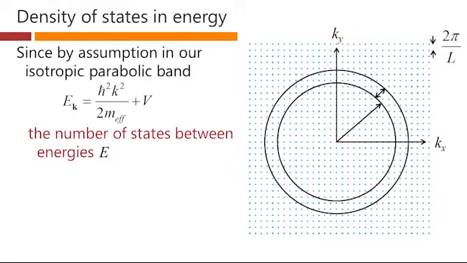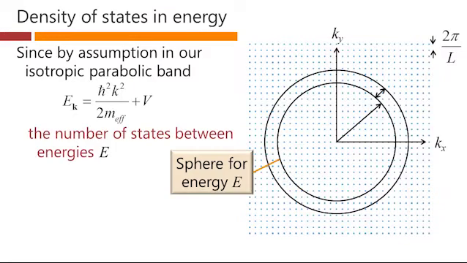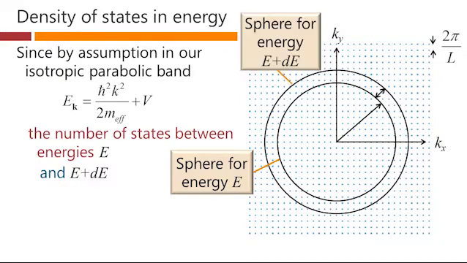So we're interested in the number of states between an energy E, which would correspond to a specific sphere in K space, which we could figure out from this relation, and an energy slightly greater, E plus dE, which would correspond then to this other, slightly larger sphere with a slightly greater K value associated with it, that corresponds to this slightly larger energy, an additional amount dE.